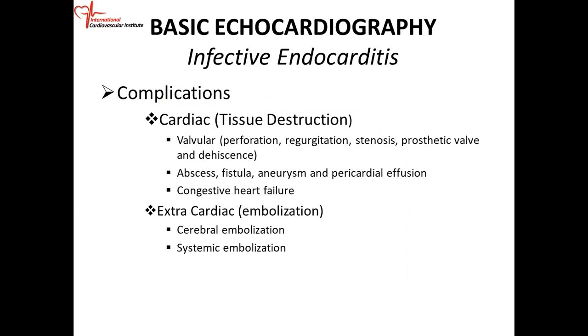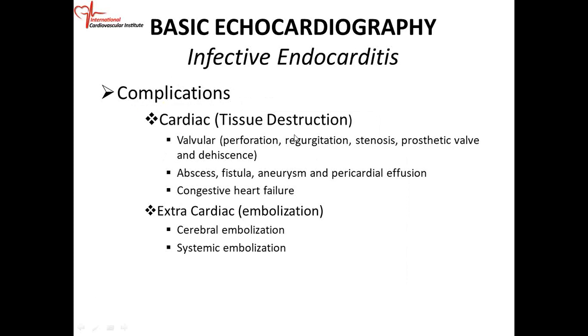So complications of infective endocarditis, you can have cardiac complications or extracardiac, outside of the heart. Cardiac, basically it's an infected material, so you can have destruction of the cardiac tissue. So the valves can be destroyed, and you can have perforation of the valve.